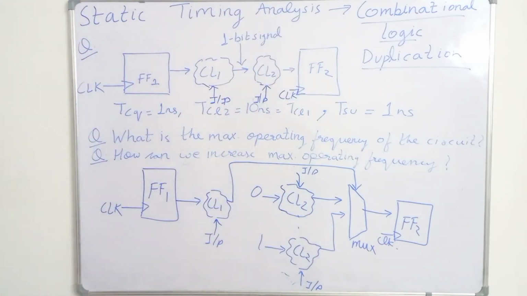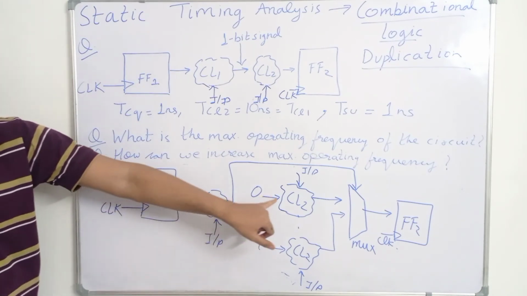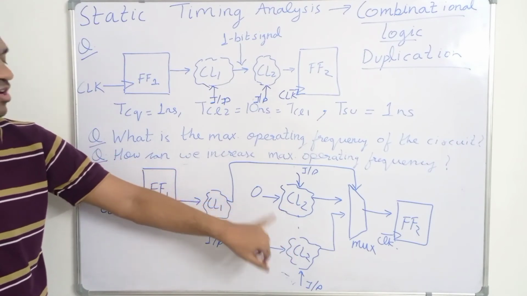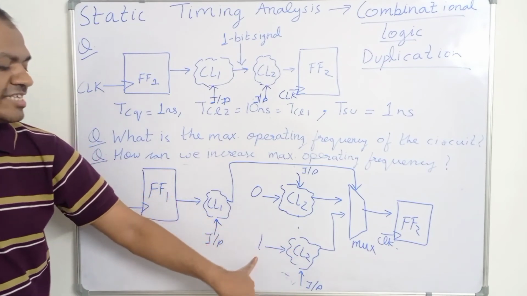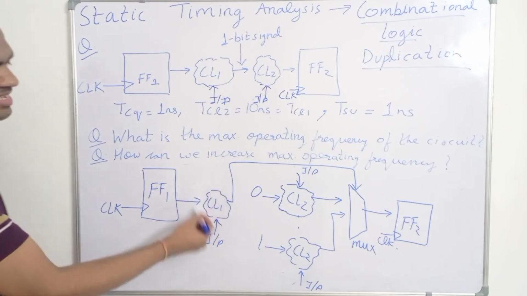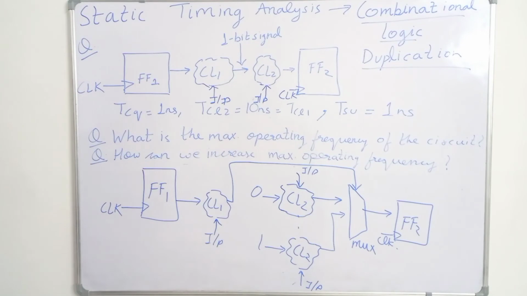What it means is that we do not need to wait for the output of combination logic 1, because that output can be either 0 or 1. We have taken the first unit of combination logic 2 with input 0, and the second unit of combination logic 2 with input 1. Both combinational logic 1 and combinational logic 2 are working in parallel, and when CL1 is evaluating its output, at the same time CL2 is also evaluating its output.